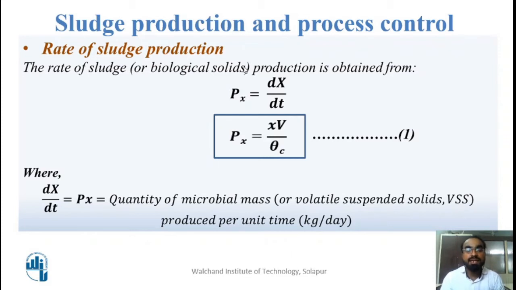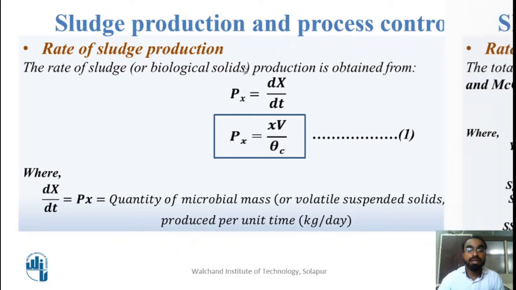It can also be written as XV divided by theta c. Here X is the influent MLSS concentration multiplied by V, that is the volume of the aeration tank, and divided by theta c, where theta c is the mean cell resistance time, that is MCRT, or in simple words SRT, sludge retention time.